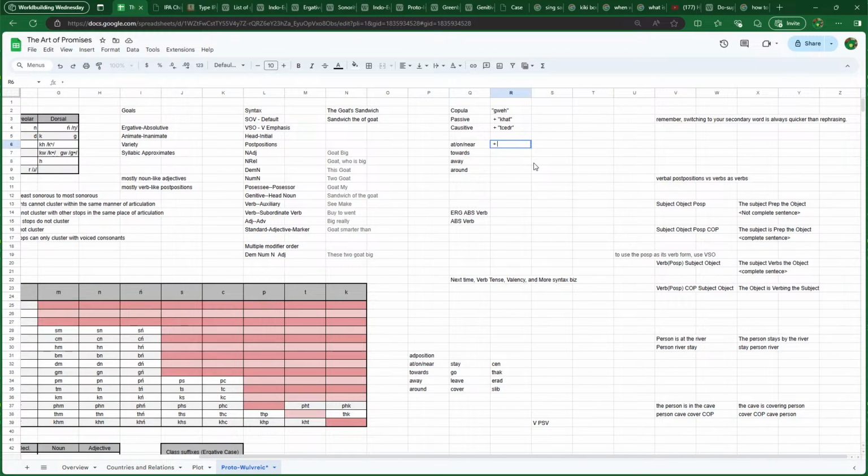Right. So this is plus shen. This is plus tak. This is plus erad. This is plus sleep. Okay.